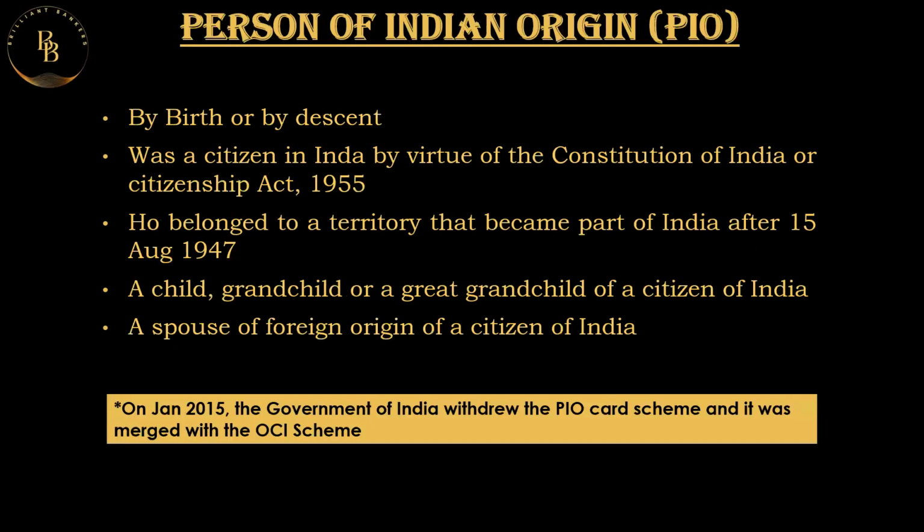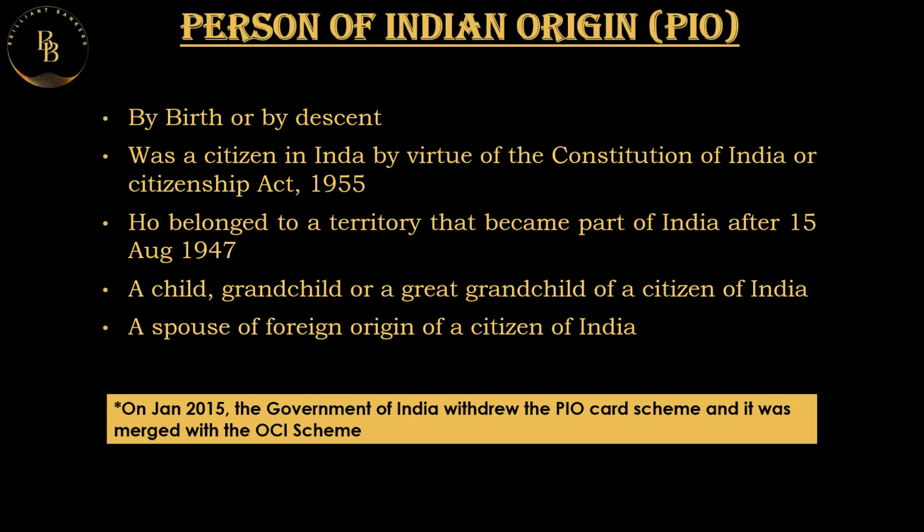Who is a PIO? The person of Indian origin. An individual can be a PIO by birth or by descent, if he or she is a child, grandchild, or a great grandchild of a citizen of India.